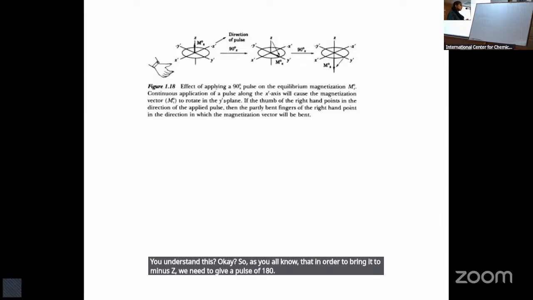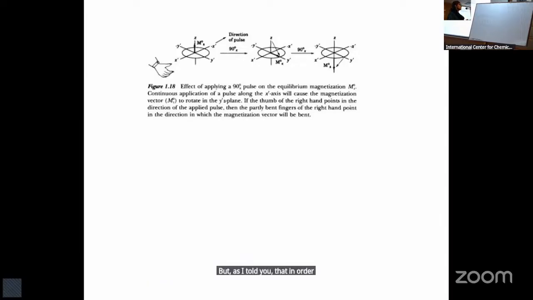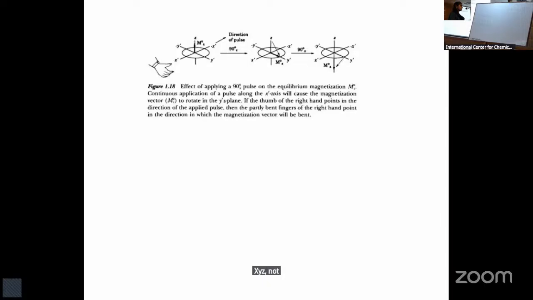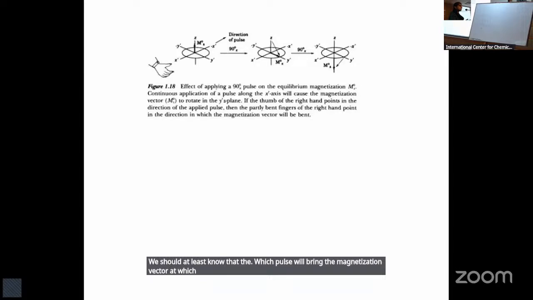But as I told you, in order to detect the nuclei, we need to bring it into the XY plane, not at the Z axis. So which pulses can we use? We should at least know which pulse will bring the magnetization vector to which position. This is the basic aim of this exercise.